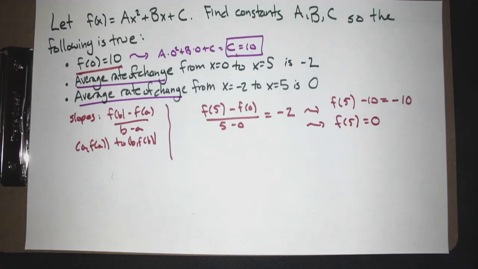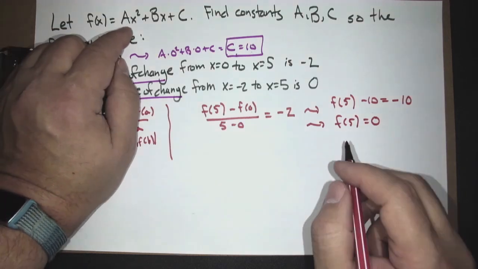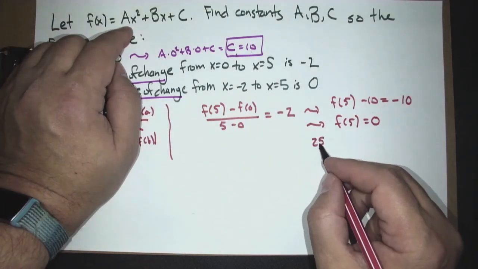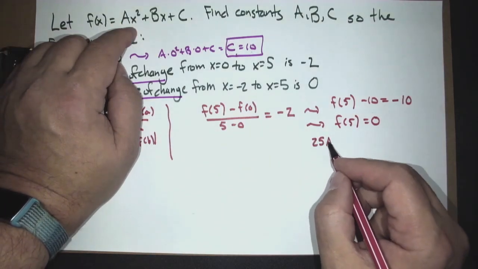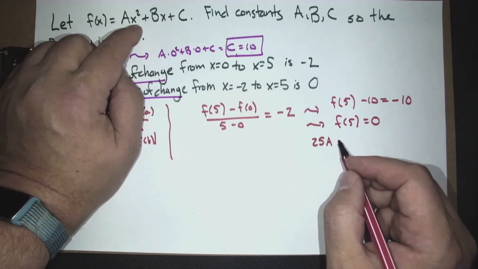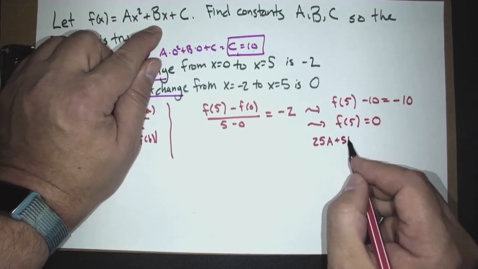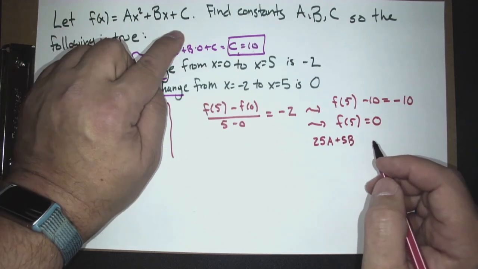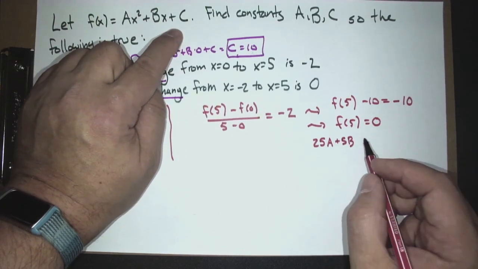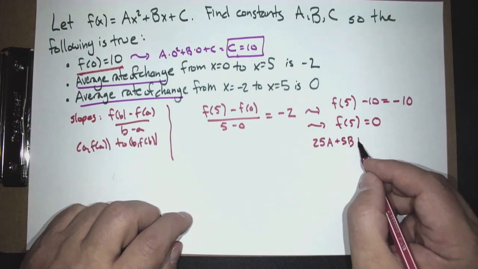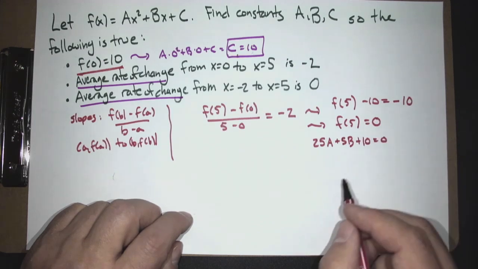Now, what's another way to say f of 5? Well, you plug in. So you get 25 times a, that's ax squared, where x is 5, plus 5b, plus c, but here we already know c is 10, equals 0.